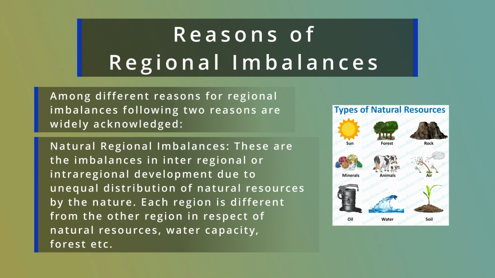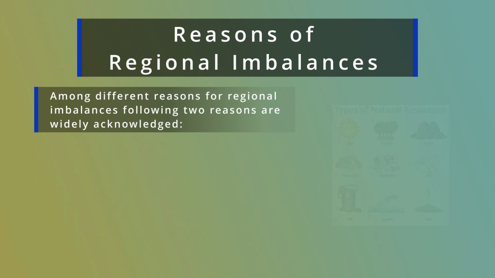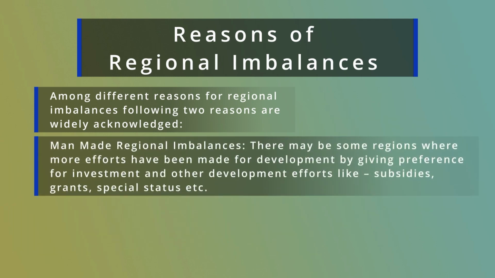There is no human intervention. On the other hand, man-made regional imbalances are due to human intervention or human activities. Some favorable human activities are effective for the development of a particular region, whereas some adverse activities of human beings may also cause the underdevelopment of a particular region.